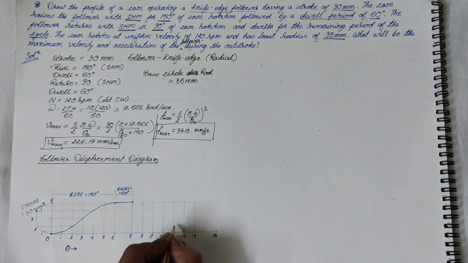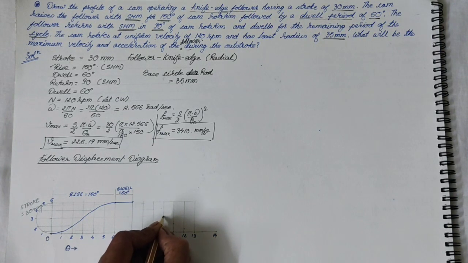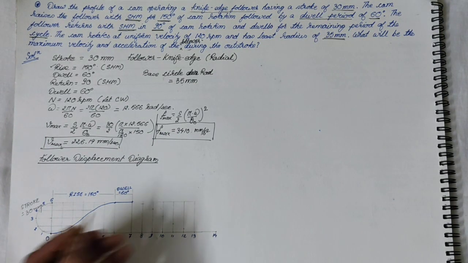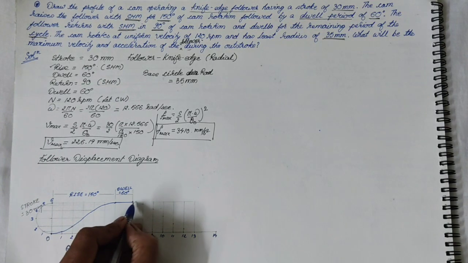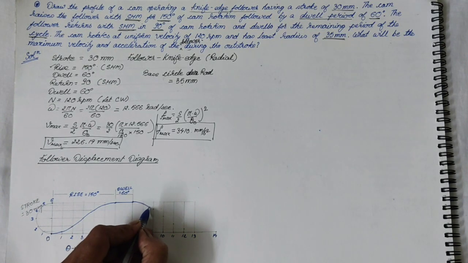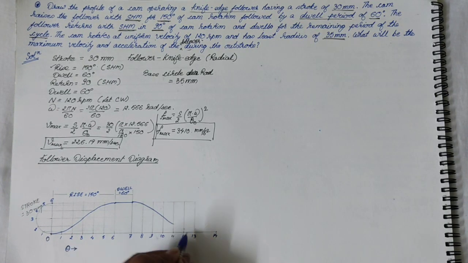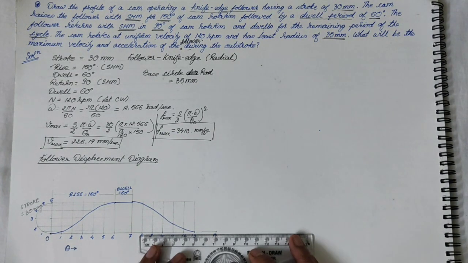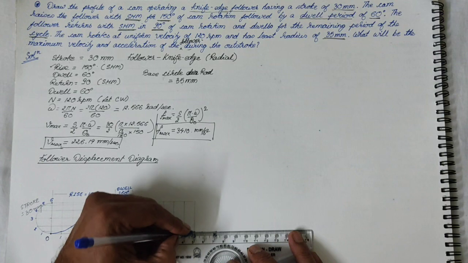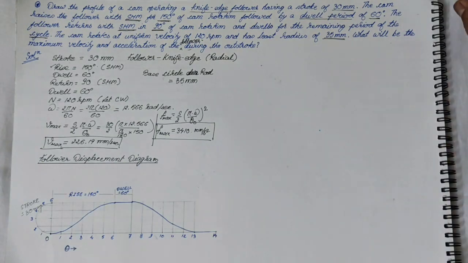These are the corresponding points of lift. So we again draw a smooth curve passing through all these points. So we get this as the return, and finally this is the dwell.